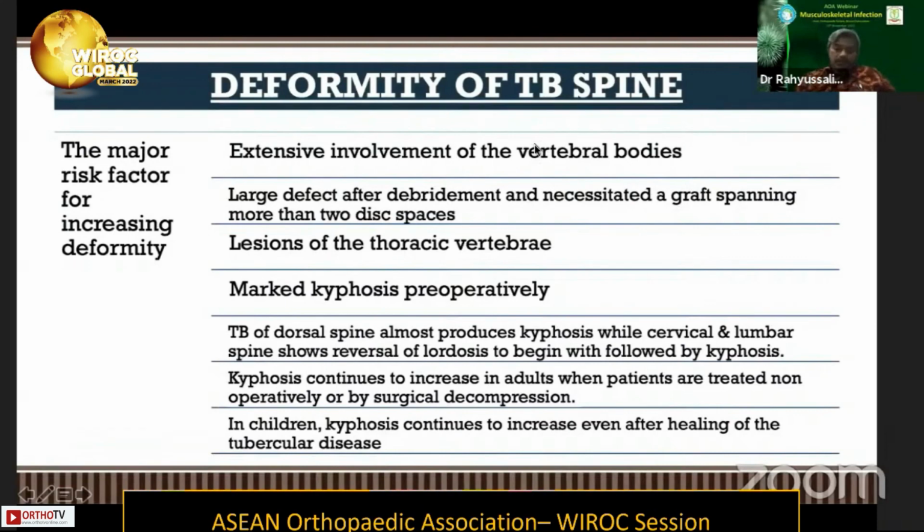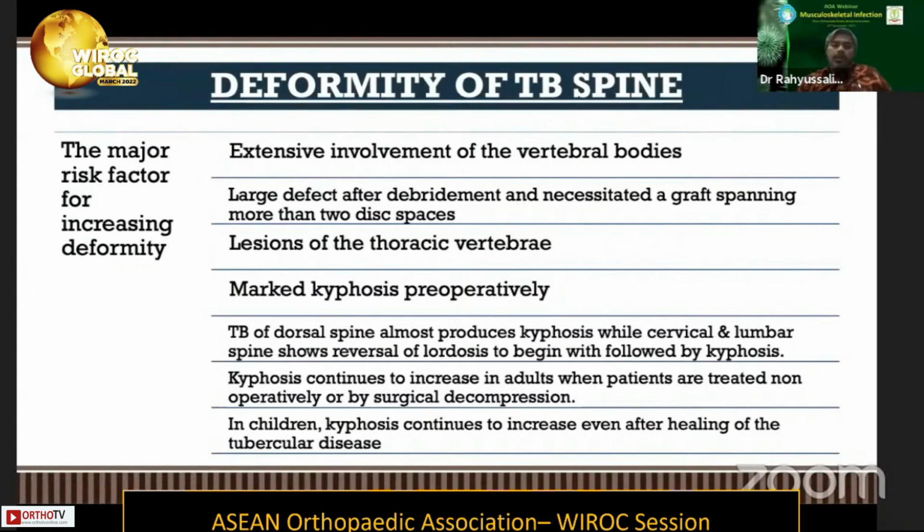So in my country, based on our 20 years follow-up of patients, if we don't treat a vertebral body defect of more than 2 vertebrae, we will find pseudoarthrosis and cannot achieve fusion of the spine.